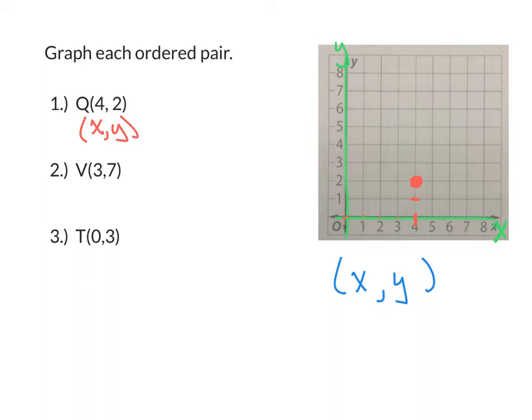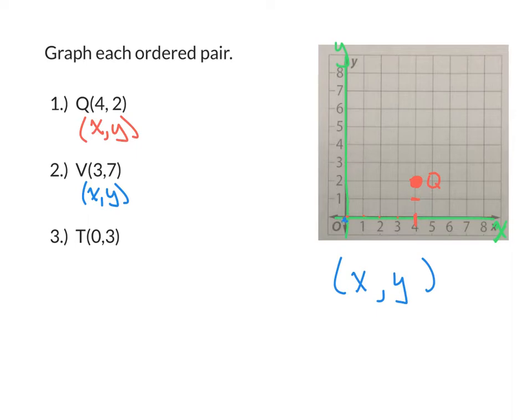And since this point is labeled with a letter, we're going to use that capital letter Q to label our point. So if we do it again with the point V being at 3, 7, that means we're going to go over 3 units and up 7 units. So again, start at the origin, at that 0 where they cross, and then always go side to side first.